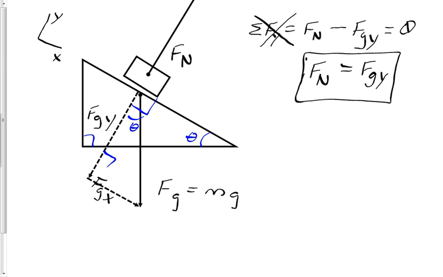So if this here is 90 degrees, and here we have angle theta, here we have a 90, then this one in here must be some other angle. Let me call that alpha. And if this is 90, and this here is alpha, then this one here must be theta. A little bit of geometry.